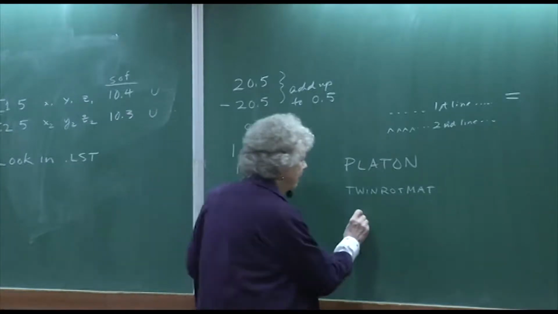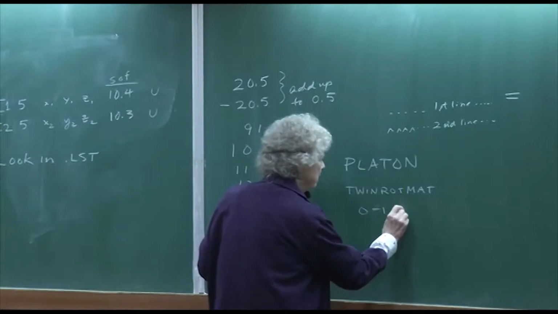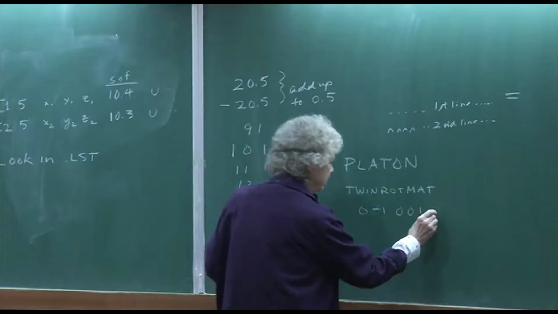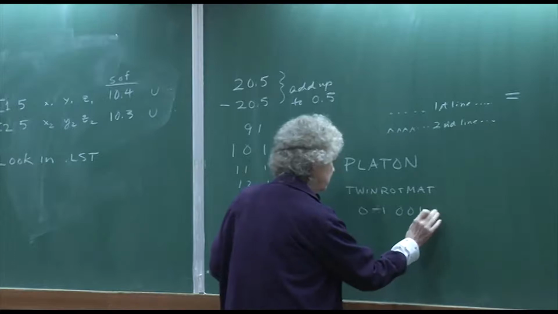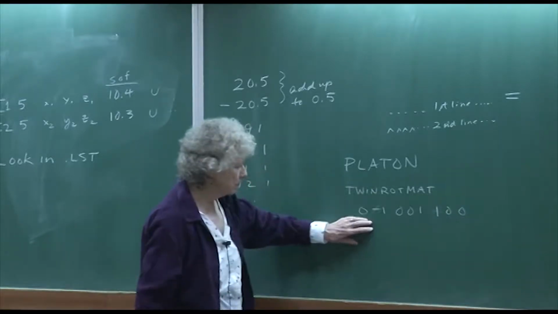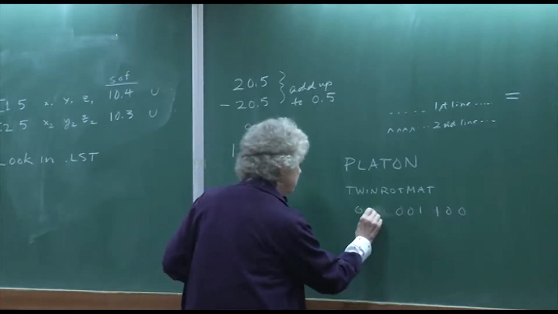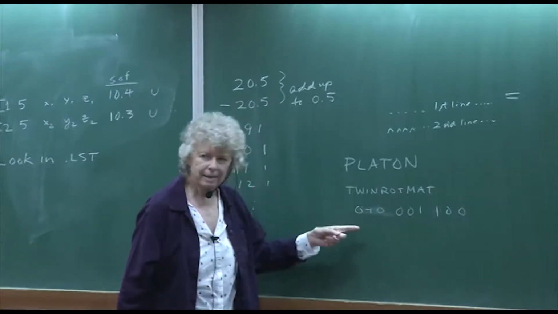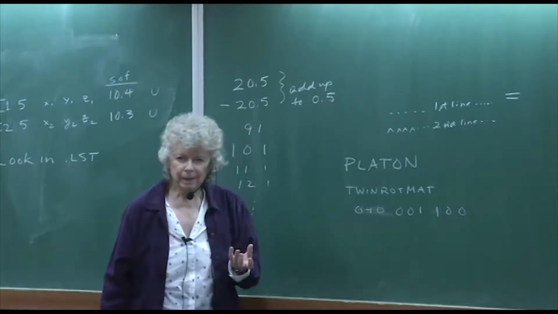It could be something like 0, 0, 0, minus 1, 0, 0, 1, with one sign change, 0, and 0, minus 1, 0. It would be interchanging your axes, but that may be all you need to do to get the twin.